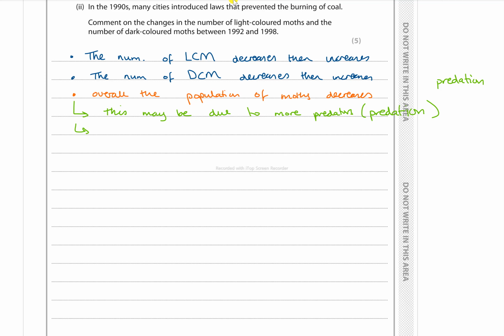Or it could be due to disease. Right. We can make a statement such as overall the drop in dark moths was higher.